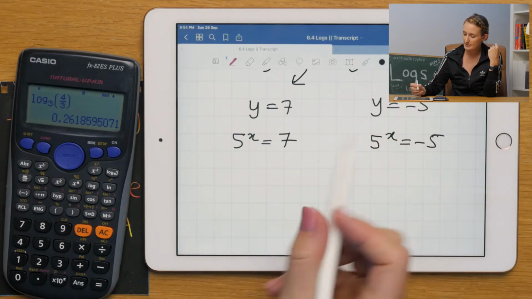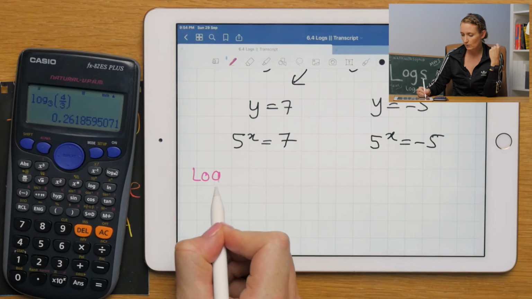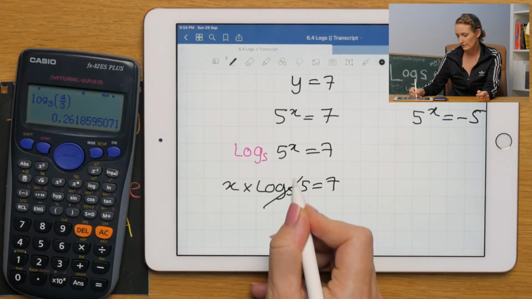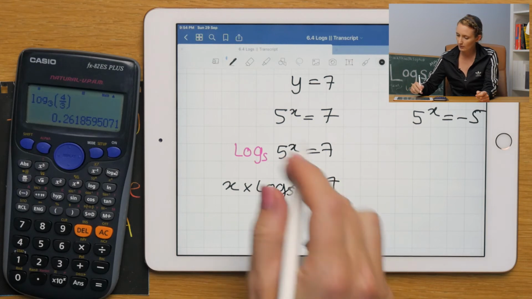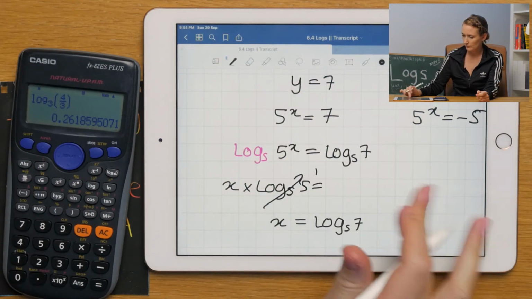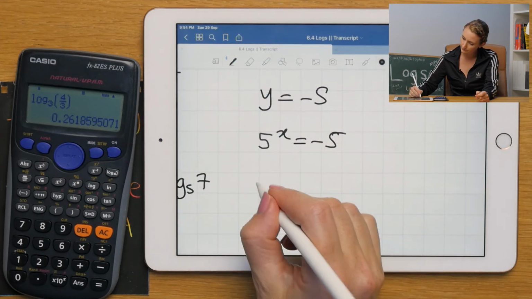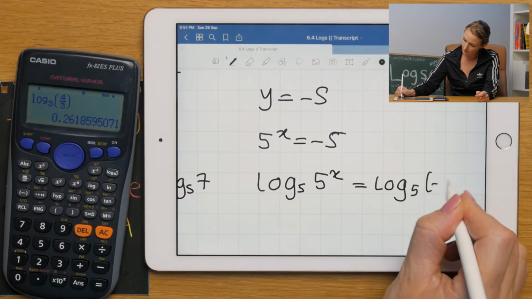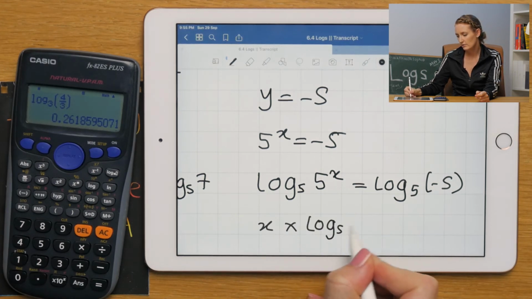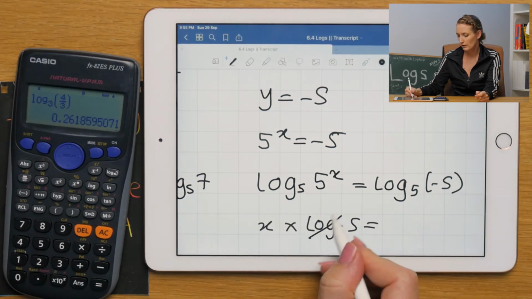To solve these, we're going to take logs base 5 on both sides. Let's start here. That's going to be 1. So here, oh, I forgot my log 5 over here. And over here. So that would be like this. This is going to bring us to an important point.